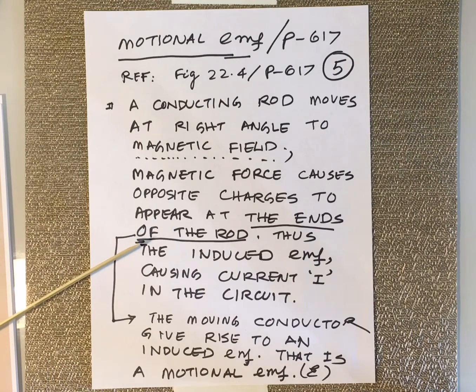So this is known as the induced EMF, and it causes current I to be generated in this circuit. Now the moving conductor gives rise to an induced EMF. This is known as motional EMF.